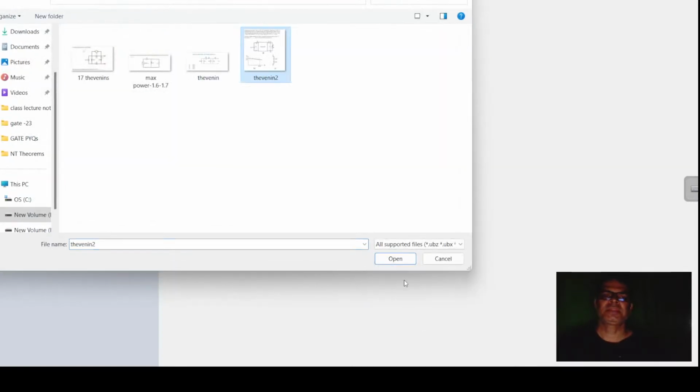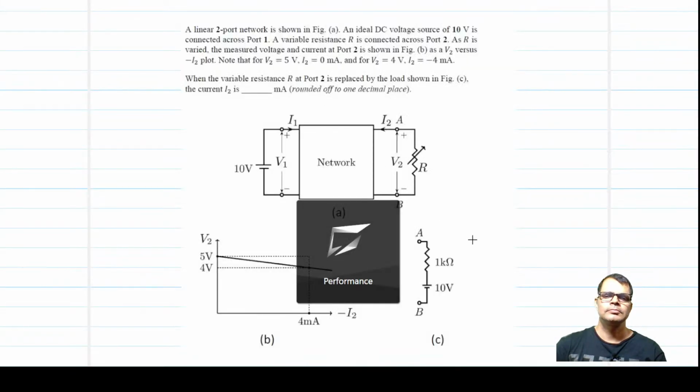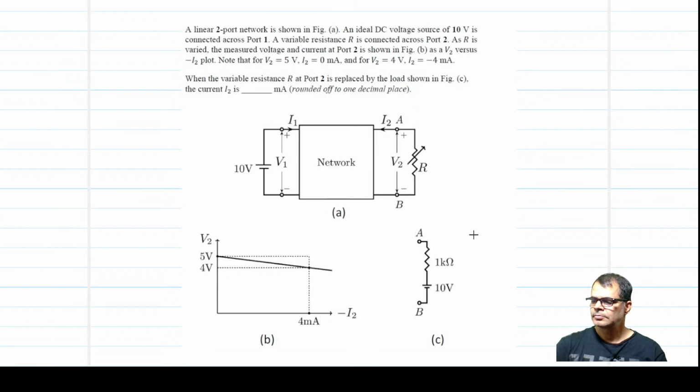Let us move to the next question. This is the GATE 22 question. A linear two-port network is shown in figure A. An ideal DC voltage source of 10 volt is connected across port 1.